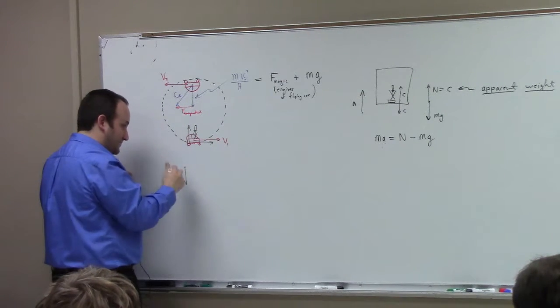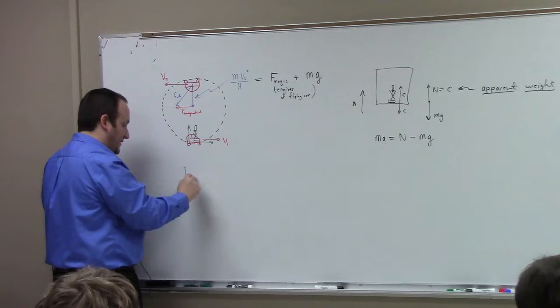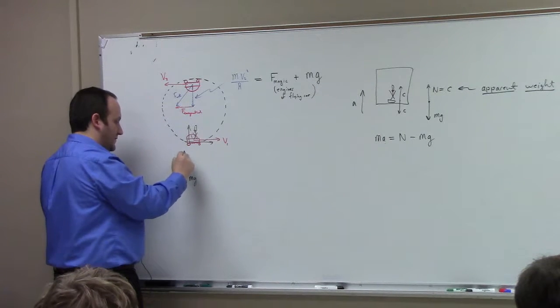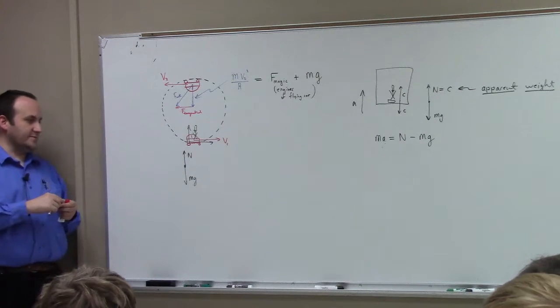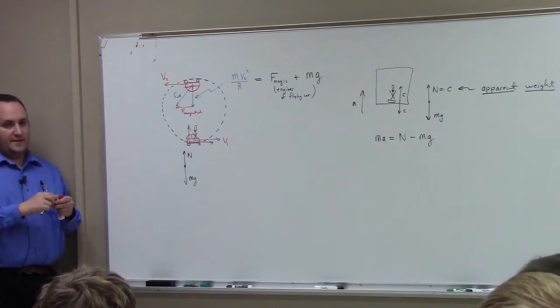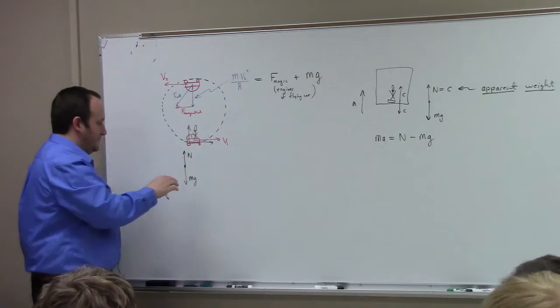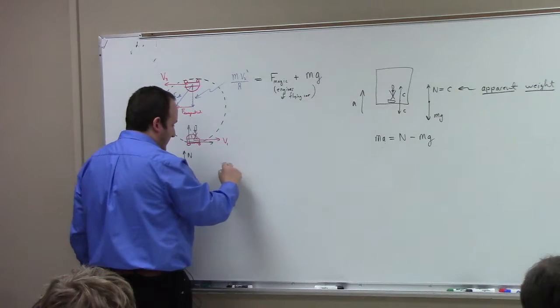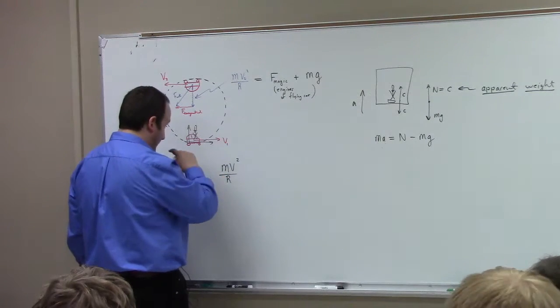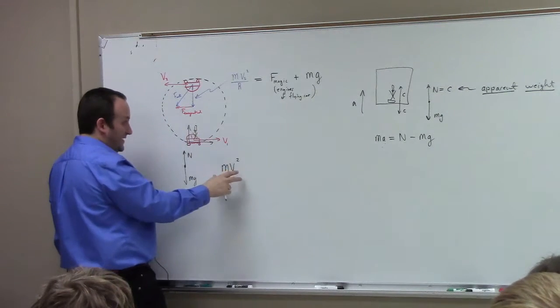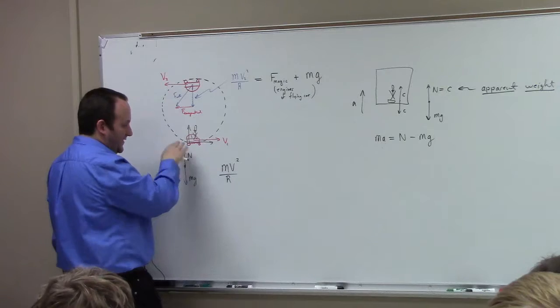He's got mg down, right? And he's got the normal force of the car on his feet going back up. That's all equal to, and so you've got mv squared over r, and that's the ma for this. It's a moving frame, right?